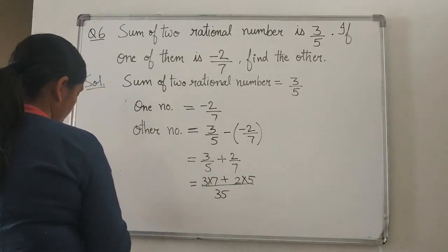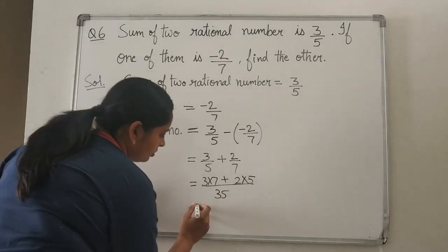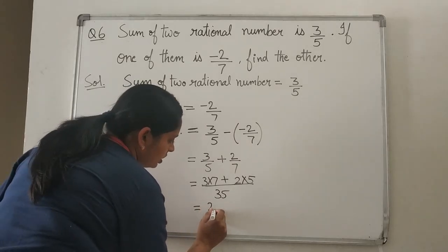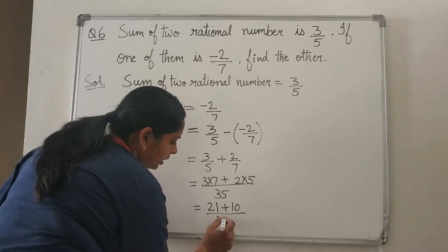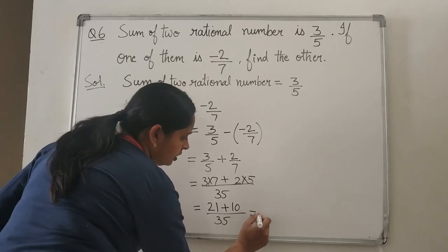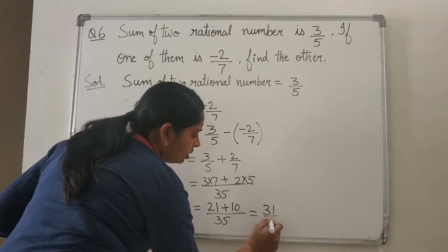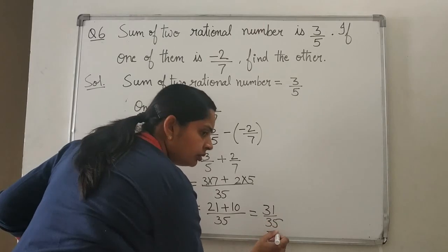That is again equal to 7 3s are 21 plus 10 upon 35, which is equal to 31 upon 35. Okay.